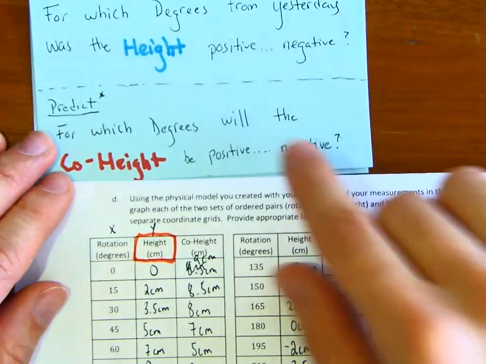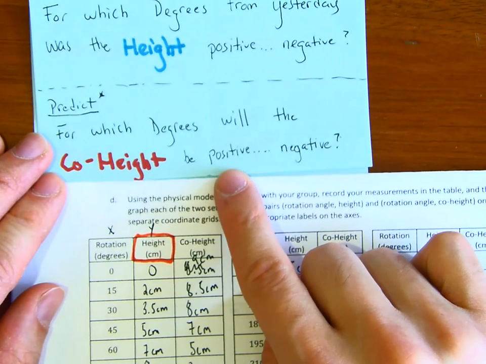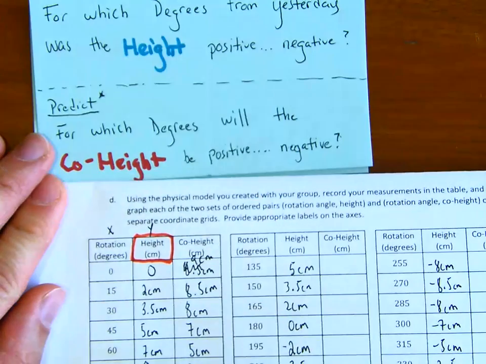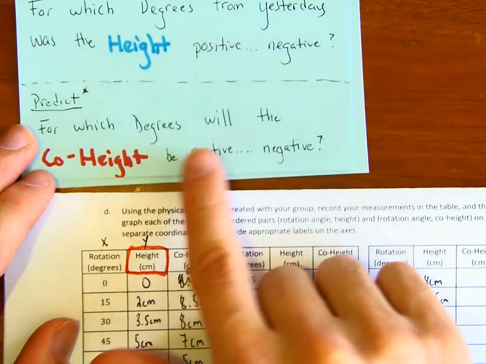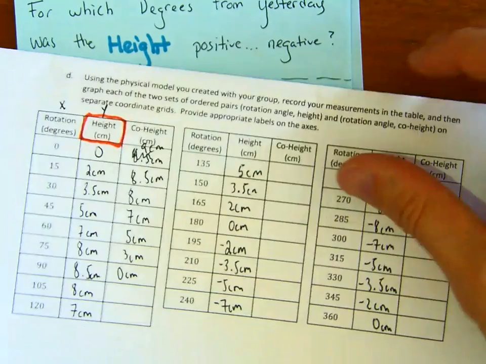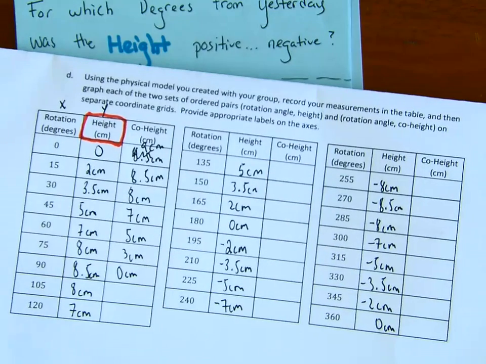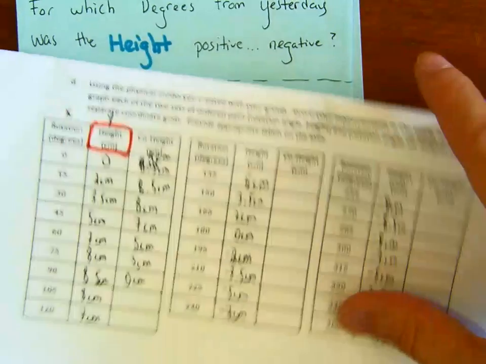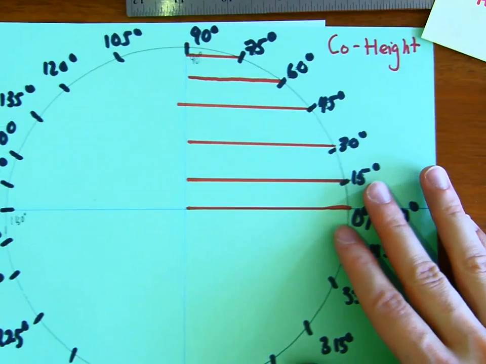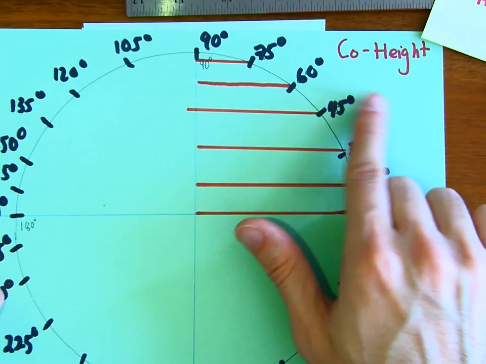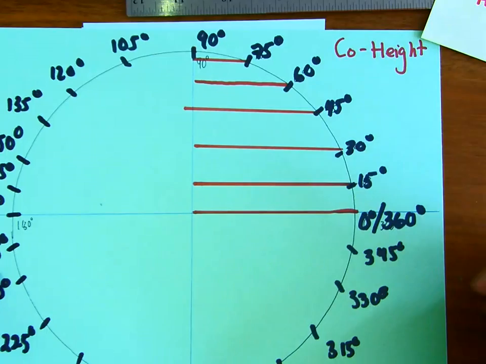For which degrees will the CoHeight be positive, and for which degrees will the CoHeight be negative? Try and think about that before you continue on. Okay, so let's take a look. Here, your CoHeight over here will be what?